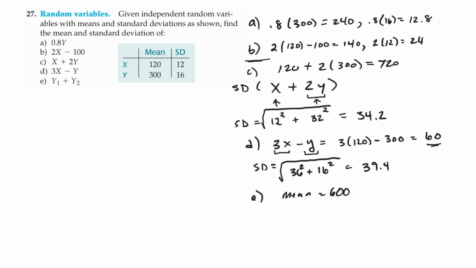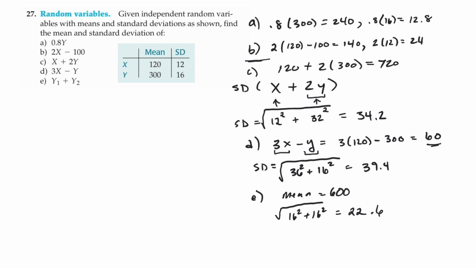A standard deviation, remember we can't add standard deviations, so we're going to have to find the variance, so 16 squared plus 16 squared. That's going to be equal to 22.6. That's my standard deviation.